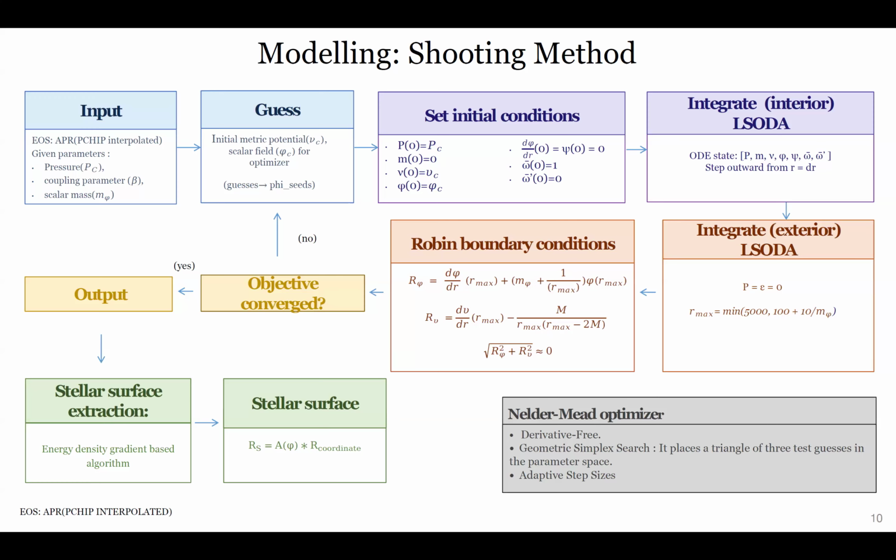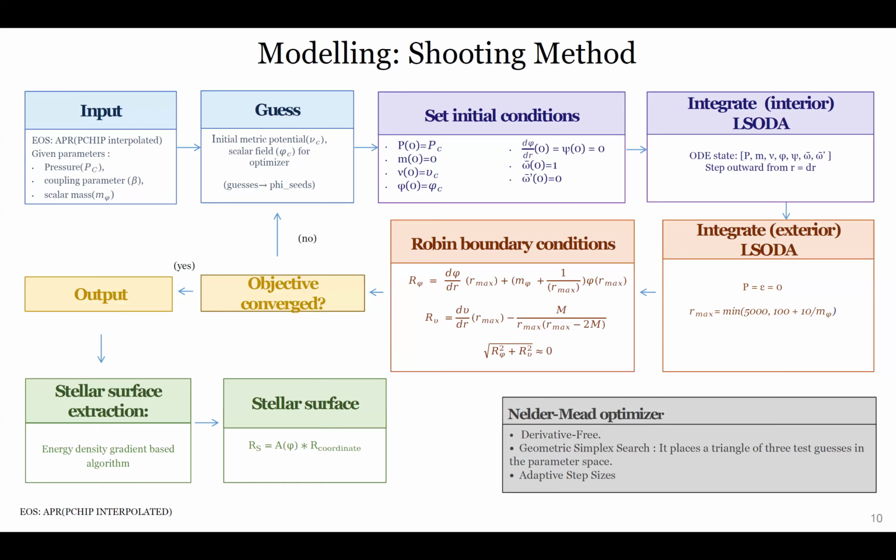The boundary conditions that I set are called Robin boundary conditions, where I have used these two particular equations to calculate my residual error. So how do we know the objective has converged, or whether we have obtained our output? For that, I used an optimizer called Nelder-Mead, something that's derivative free.